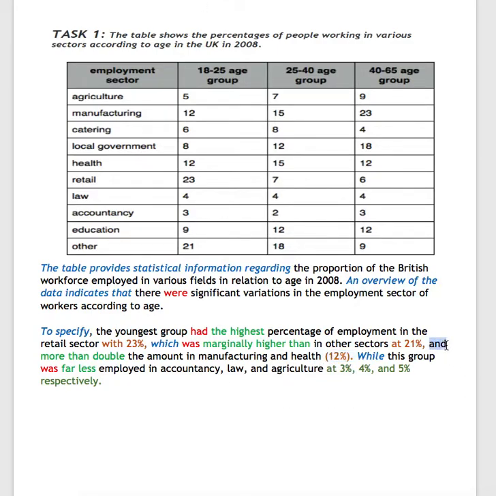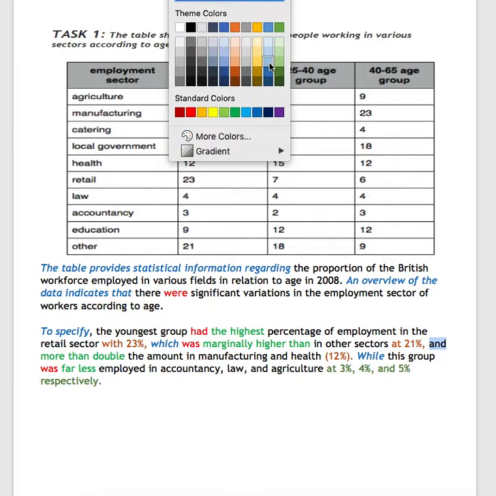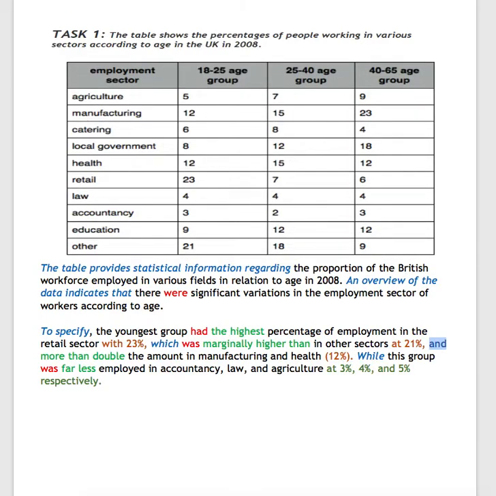Okay, so some points here that I want to mention. What we've done here is we've put almost 4 of them together. 1, 2, 3, 4, in one sentence. That's the kind of sentence we want to build.